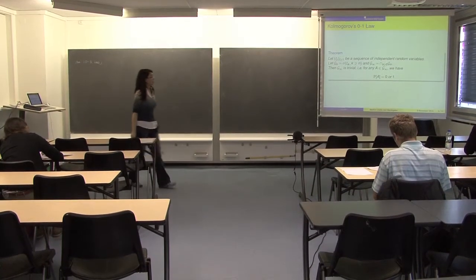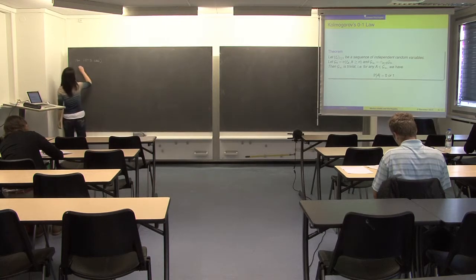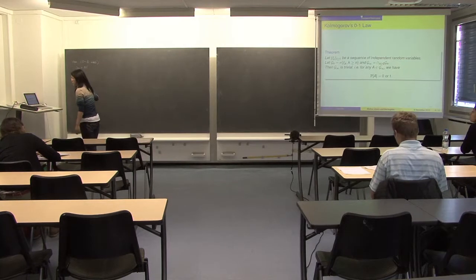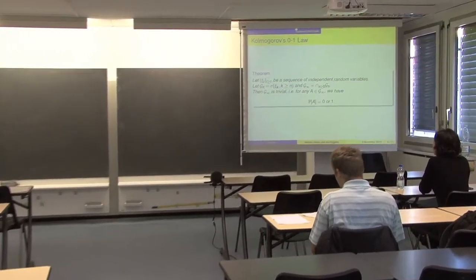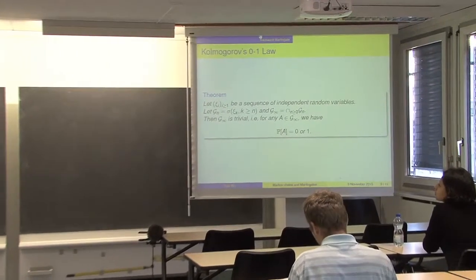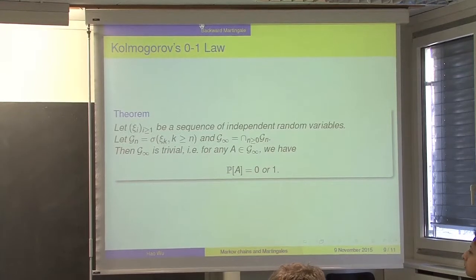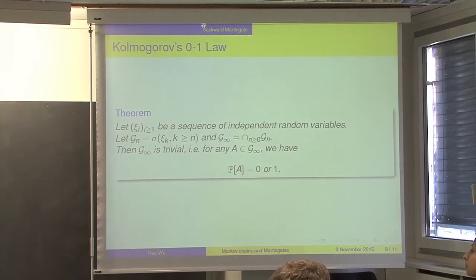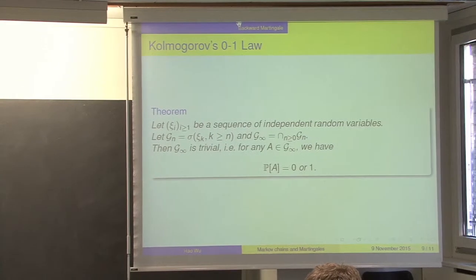So suppose Ci is an independent sequence, and then we define Gn as the information of the tail event. So as n goes to infinity, we see that this Gn is decreasing. So it's just the information of the tail events. We don't know what happens from 1 to n minus 1, we only know the information for the future part.